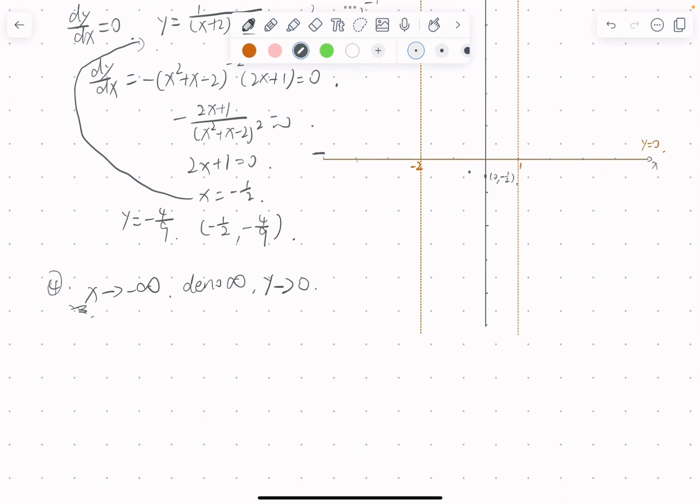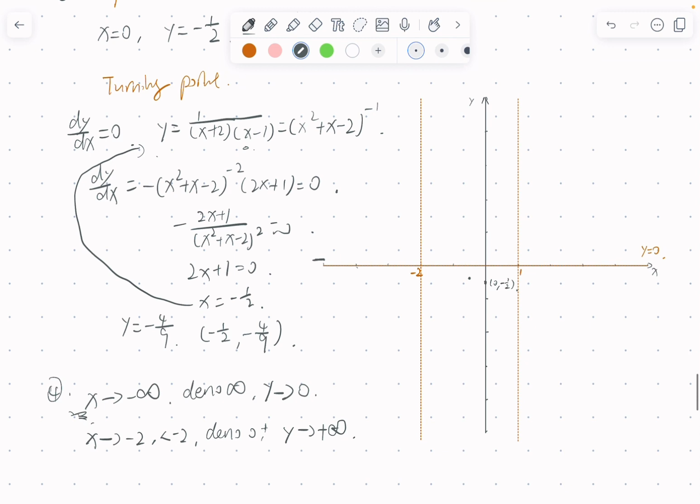Then if x is near minus 2 but smaller than minus 2, the denominator will be 0 but positive, which means y will approach positive infinity. So here we draw this. This inverse proportional graph is shown like this.